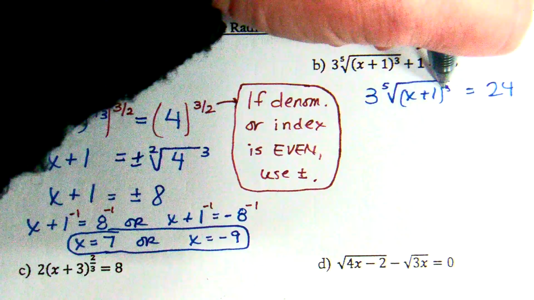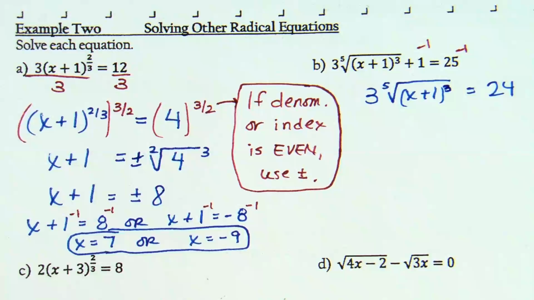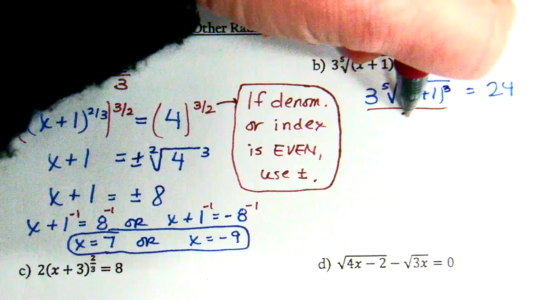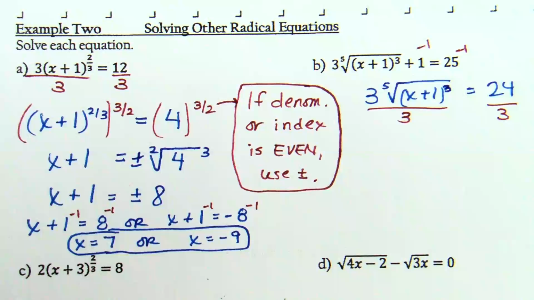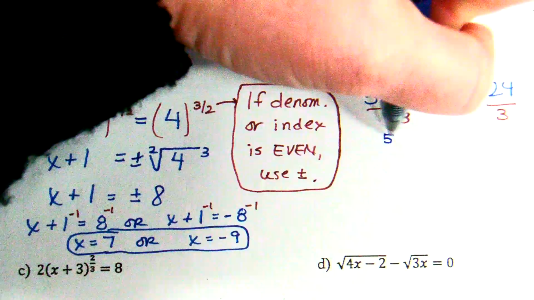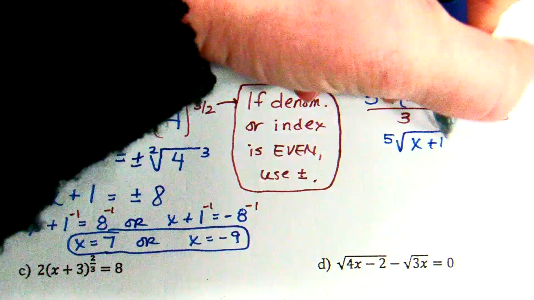Is my radical by itself? No. Okay, it's 3 times the radical, so divide by 3. Now I have the radical, so the 5th root of x plus 1 cubed equals 8.